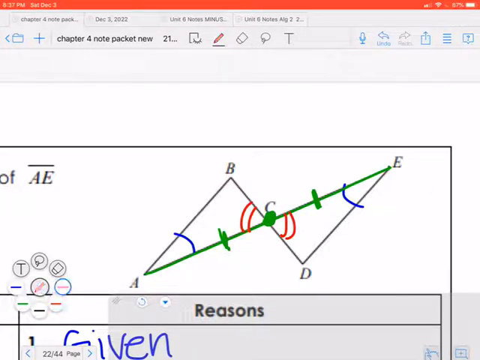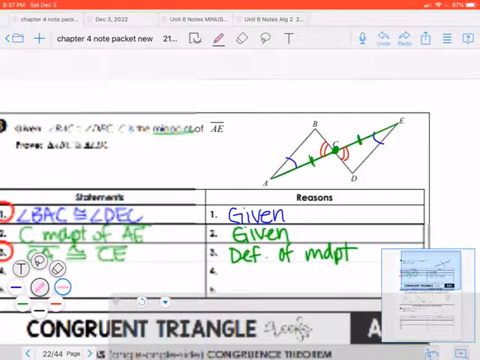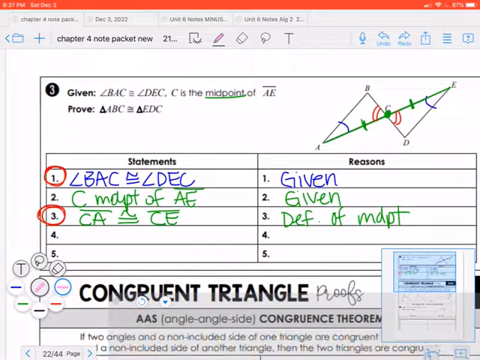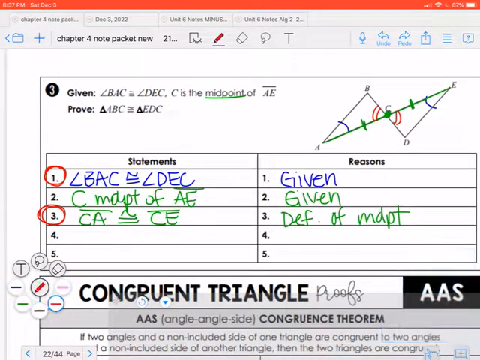And then look at one triangle now. We have angle, side, angle in each of our triangles because of adding in those red angles there. So let's name them and write that as our statement.